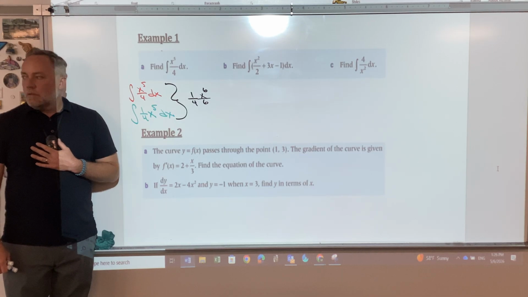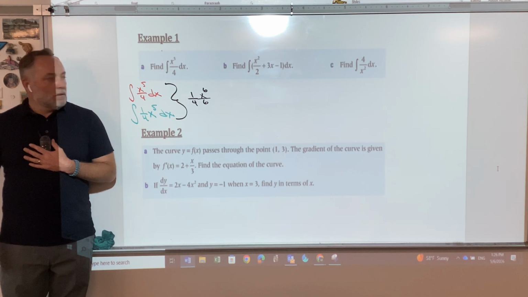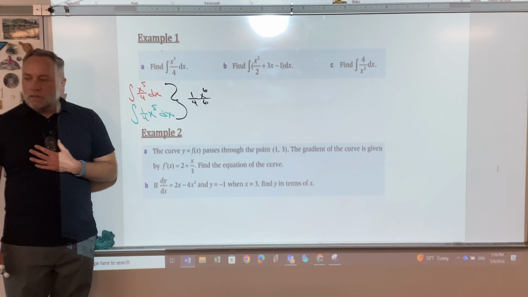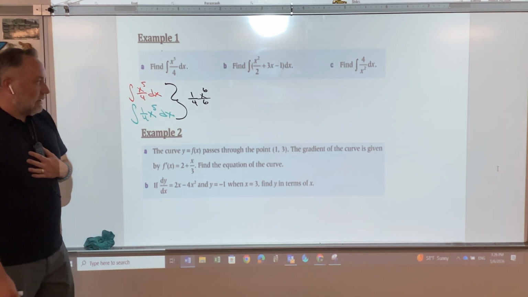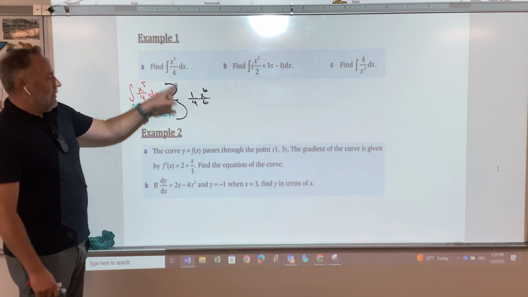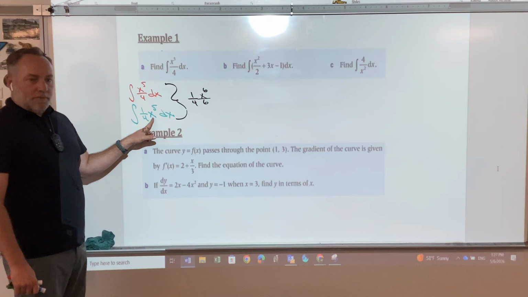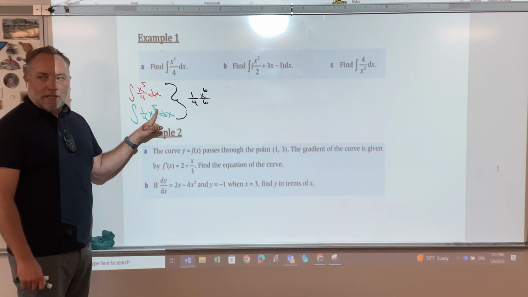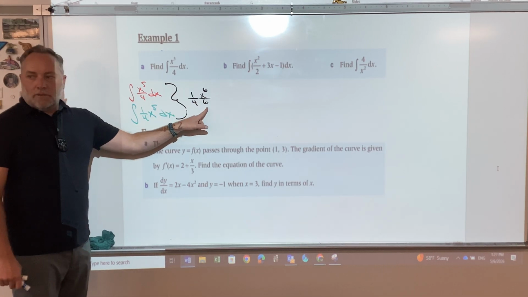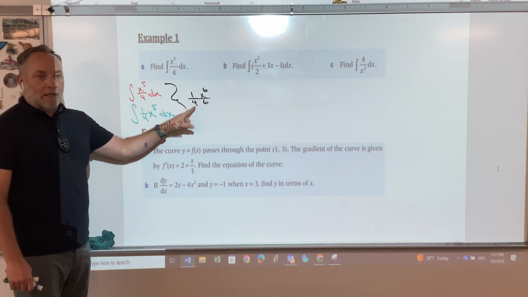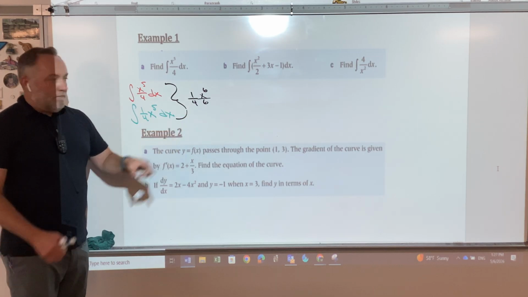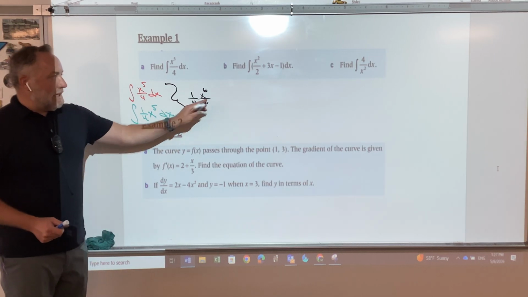This 1/4 is like a constant, right? So now I'm just taking this x to the 5th, adding 1 to the exponent, which is x to the 6th, and dividing by the new exponent. But I still have it multiplied by this 1/4. So then what does that equal?